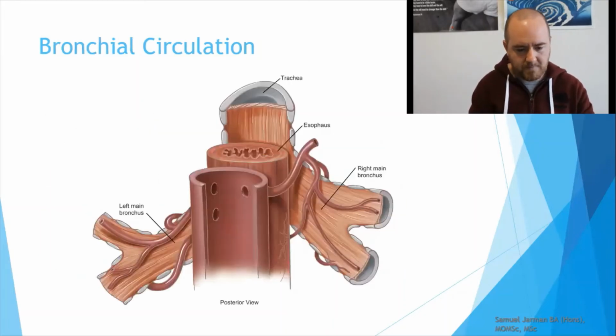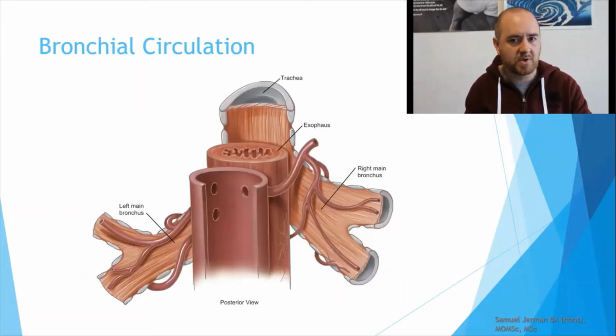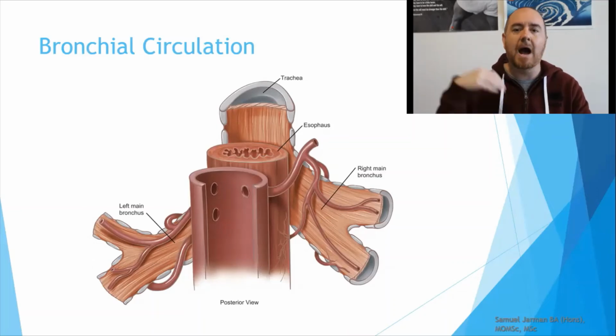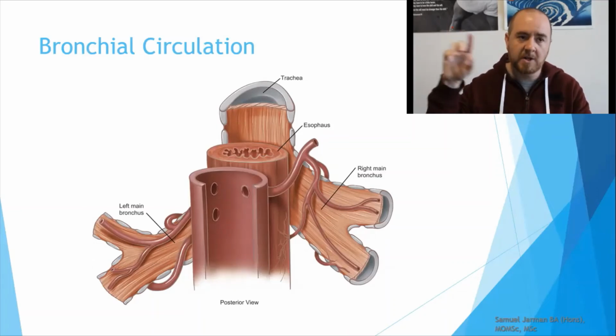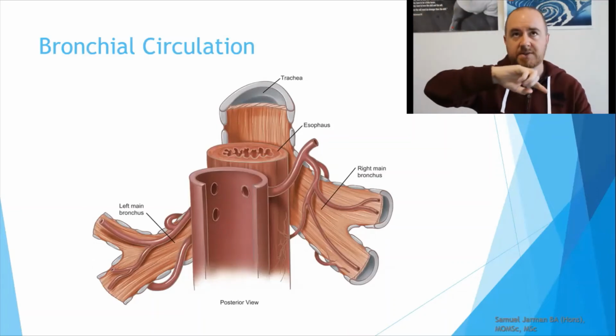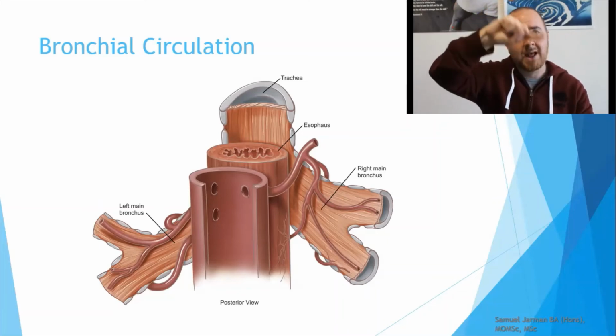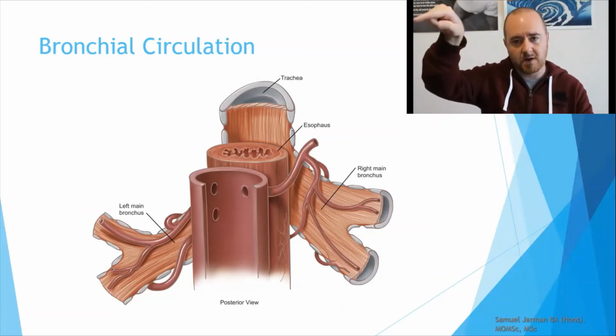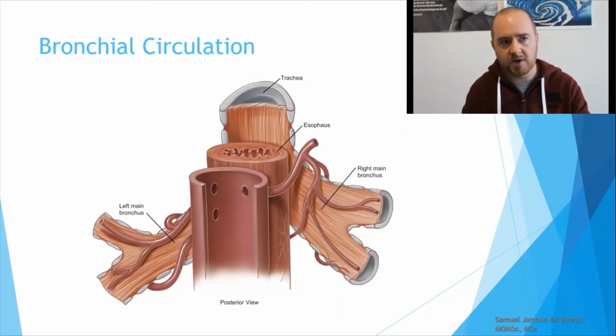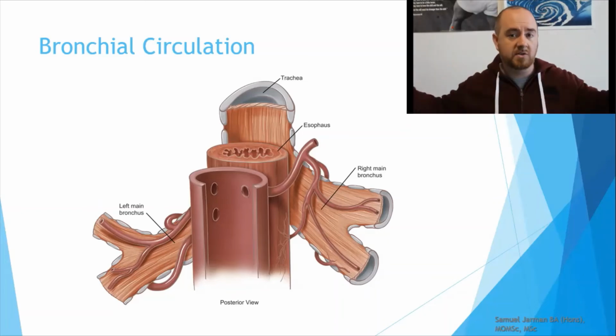Now, as far as bronchial circulation is concerned, that is going to occur after it's come out of the left ventricle and gone into the aorta. So for the most part, after the ascending aorta, the arch, and then the thoracic or descending aorta, you're going to have the intercostal arteries coming out.